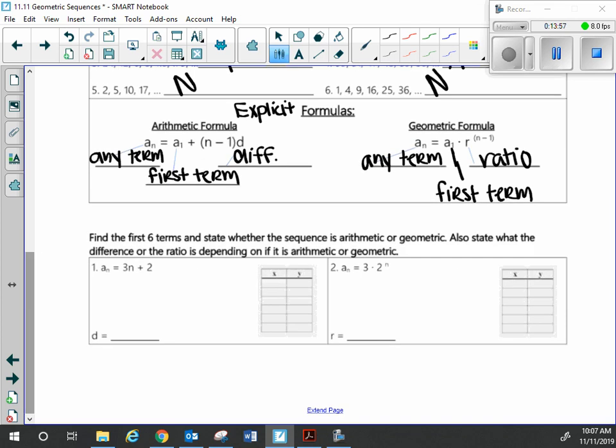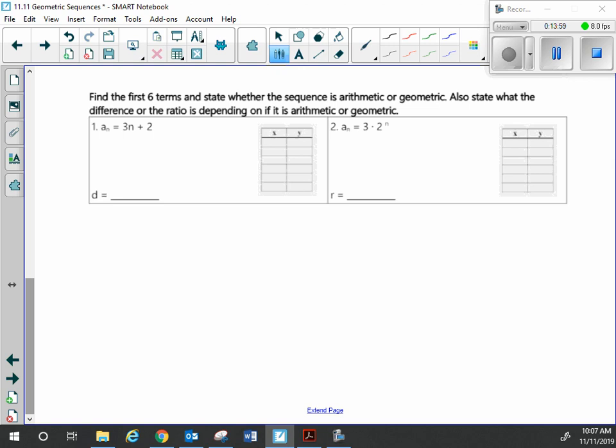Looking at number 1, A of n equals 3n plus 2. We're writing the first 6 terms and stating whether the sequence is arithmetic or geometric. 3n plus 2, arithmetic or geometric? That is arithmetic, because there's an addition sign. What is the common difference? 3.